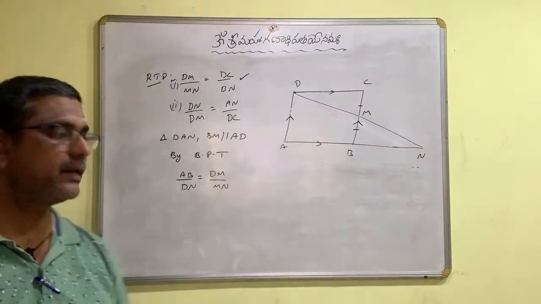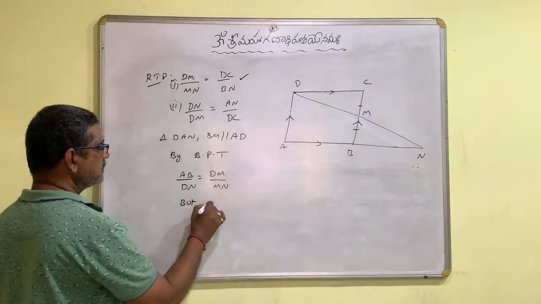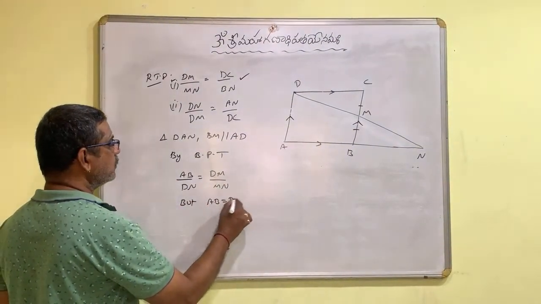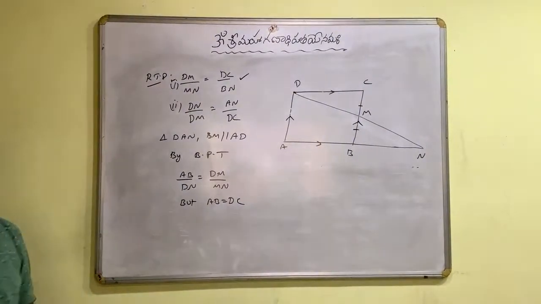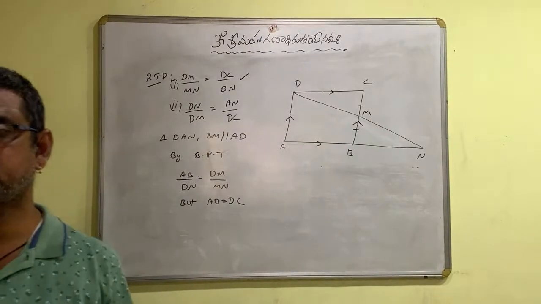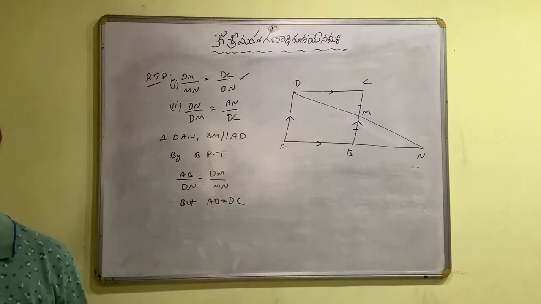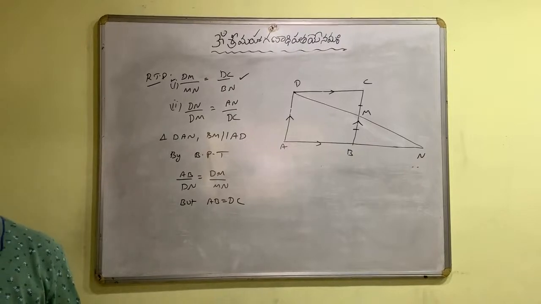Now, AB is equal to DC. Why, children? Why is AB equal to DC?